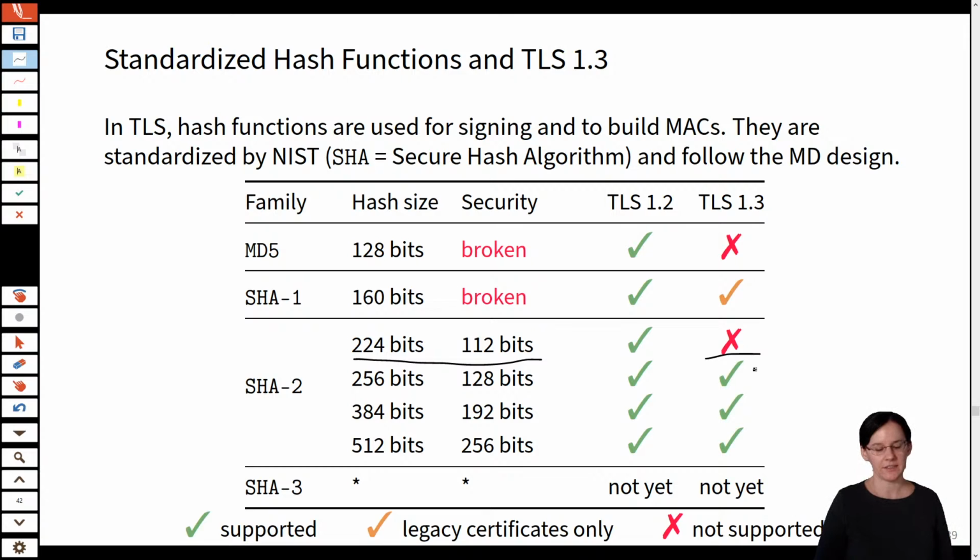So they only accepted things with a security of 128 bits or more. Unfortunately, SHA-3 Keccak has not yet made it into the standard. This is because it's too new still. But I hope it will be supported in the future because it's a very, very nice design and has quite a number of advantages compared to SHA-2.